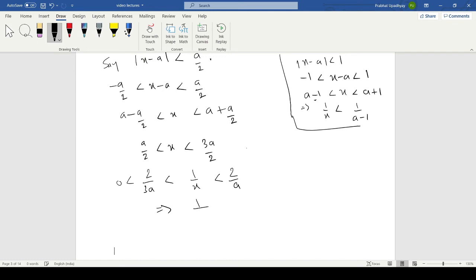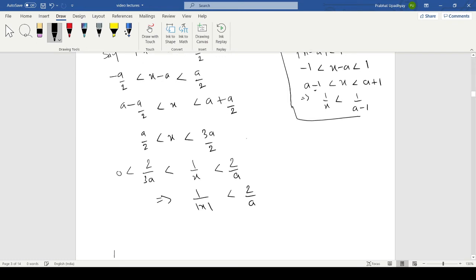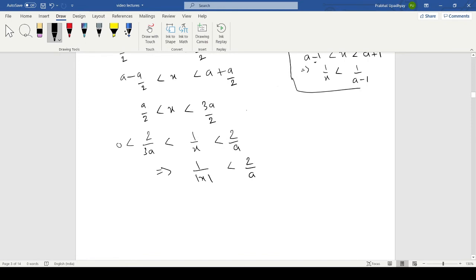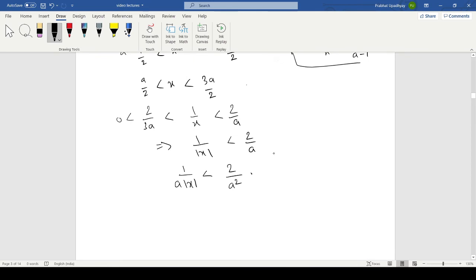So you can say 1 upon mod x is less than 2 upon a. Now you want a condition on 1 upon a mod x, so this will imply 1 upon a mod x is less than 2 upon a square. But this happened when you assume mod x minus a is less than a upon 2.